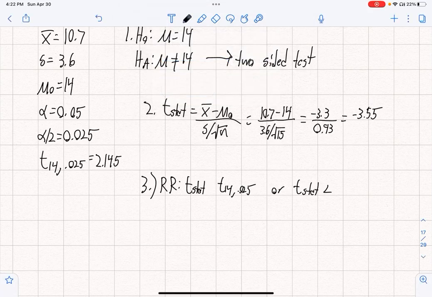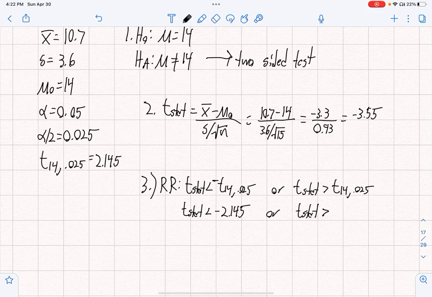Let's be consistent: less than negative or greater than positive. So this is either t-stat less than negative 2.145 or t-stat bigger than positive 2.145.